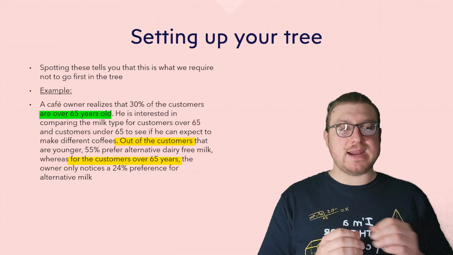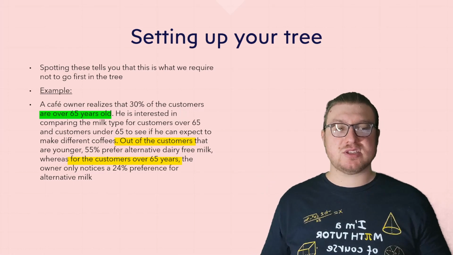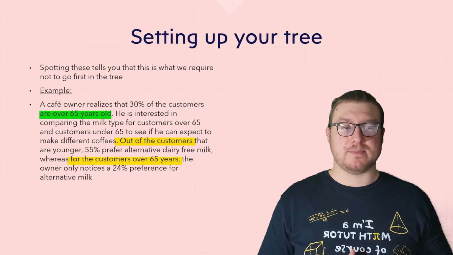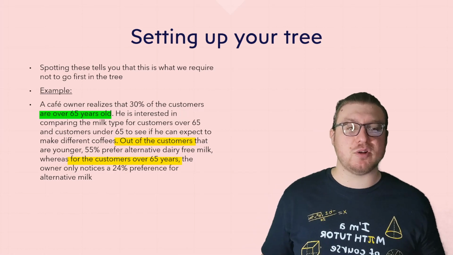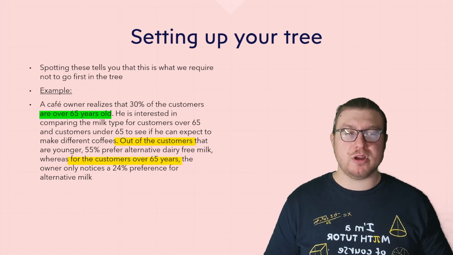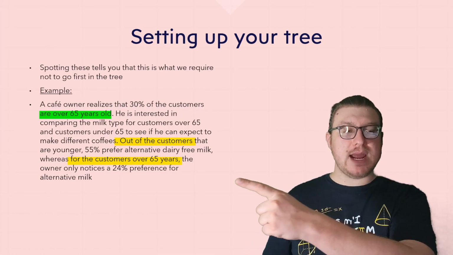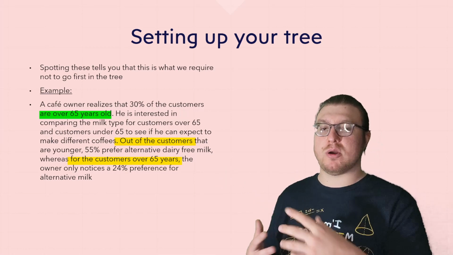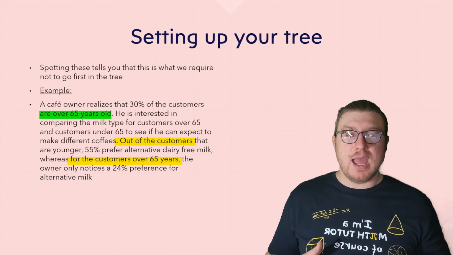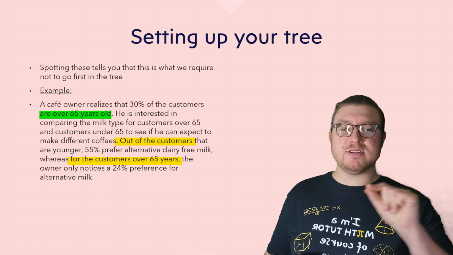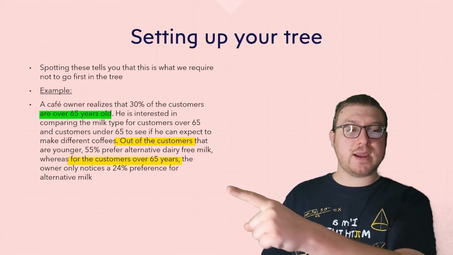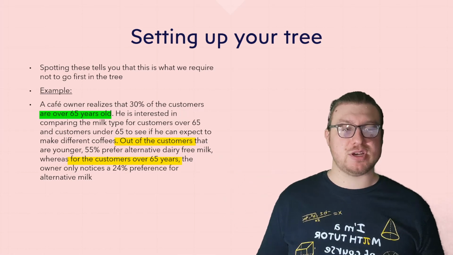That's an indicator that our line before has to be younger customers. Now here we said "for customers over 65 years old". Again, "for" was our keyword that we're looking only at customers over 65 years. Again, this means we first have to make a line with over 65 years before we can use the rest of the information in this sentence.